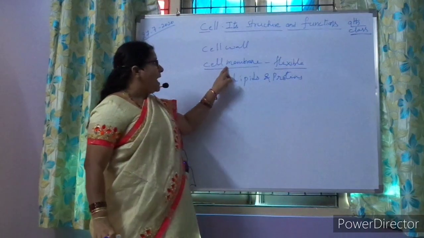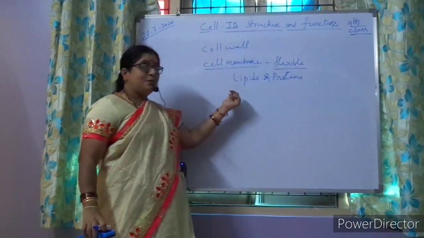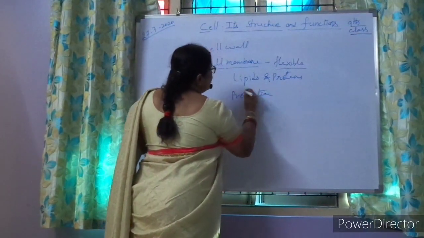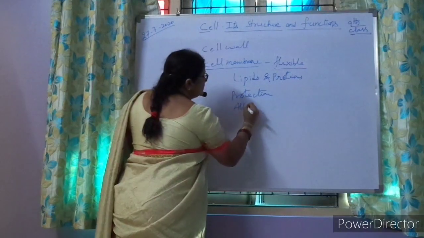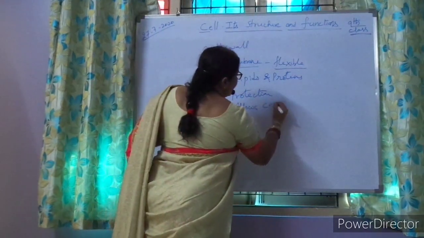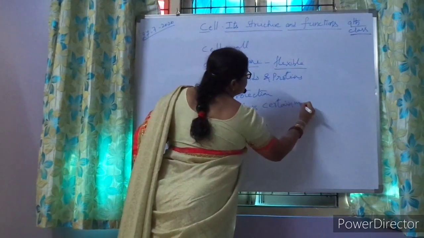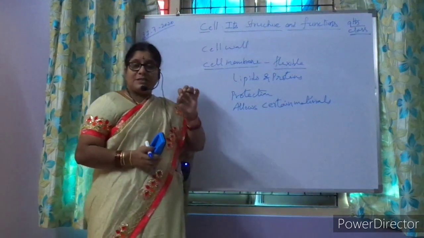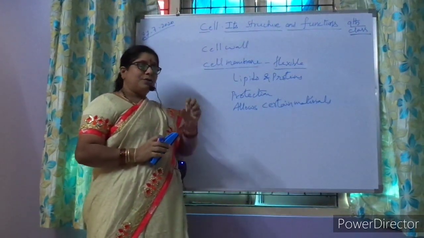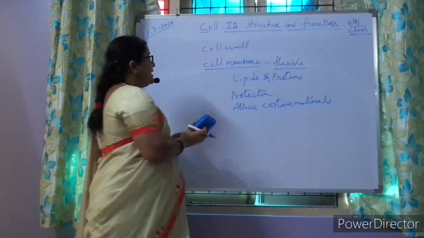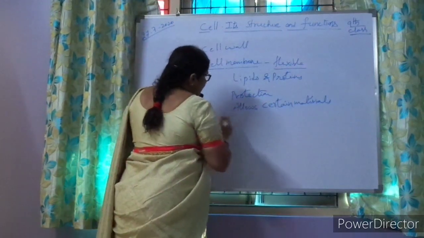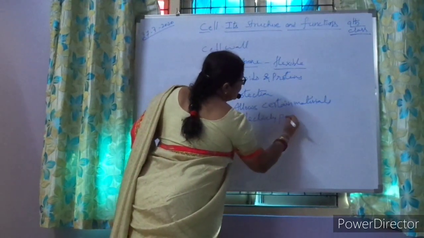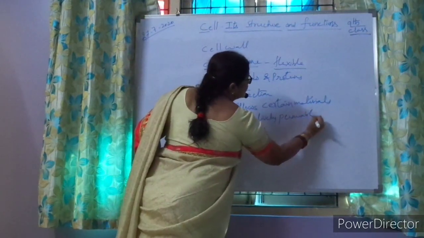The cell membrane, as I said just now, is flexible and it helps in protection. Apart from that, it allows certain materials to pass through, meaning those which are needed for the cell enter, and those which are not needed exit. So the cell membrane is also called a selectively permeable membrane.